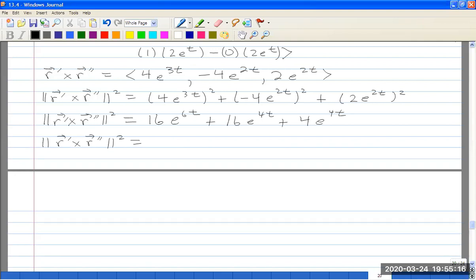Oh wait, look at that. That's an e^t. Uh-oh. That's an e^t, that's an e^{2t}. Oh, okay, so let's factor out 4e^{2t}. So what it means is 4e^{4t} plus 4e^{2t} plus 1. That makes a big difference.